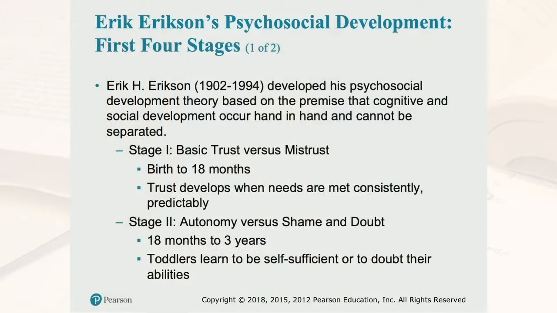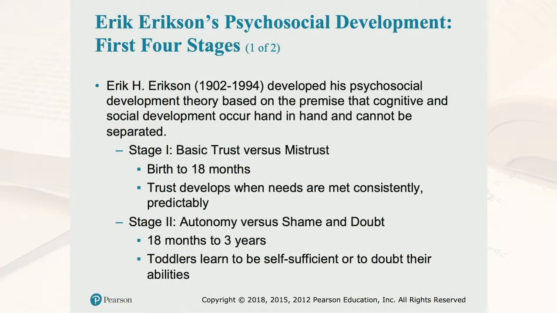They feel safe, they feel looked after, their needs are being met. That's how they develop trust. If they're in an environment where they go hungry or are left to cry, they don't develop that trust. If you're not developing trust, it can affect your relationships and how you learn and grow and develop.